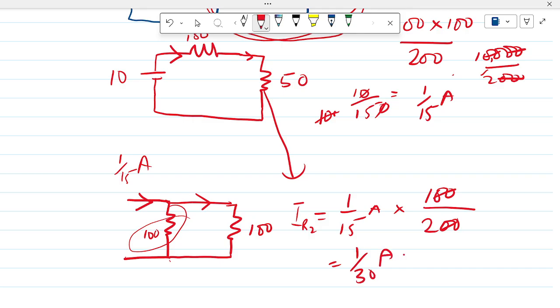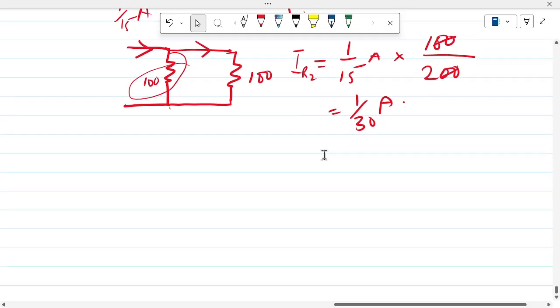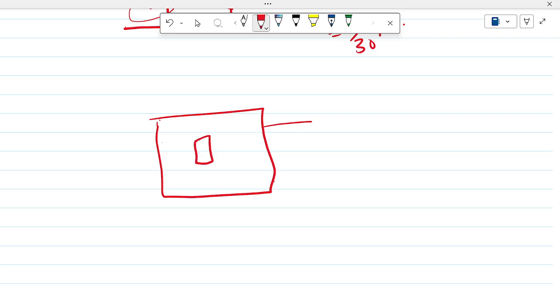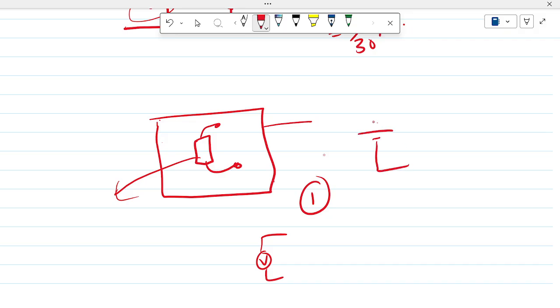So you see how easy Thevenin's theory is. Let's wrap it up. Thevenin says no matter how complex the circuit is, if you have a complex circuit and you just want the current through a particular node, all you do is, step 1, take out the node and put a voltmeter there, measure the voltage and call that the Thevenin voltage.